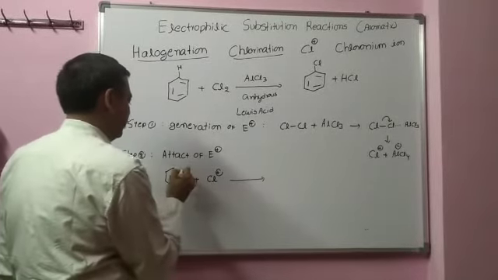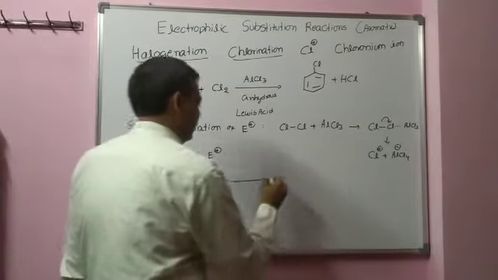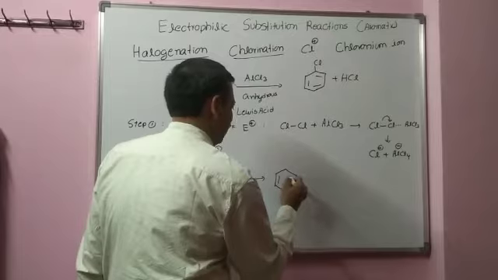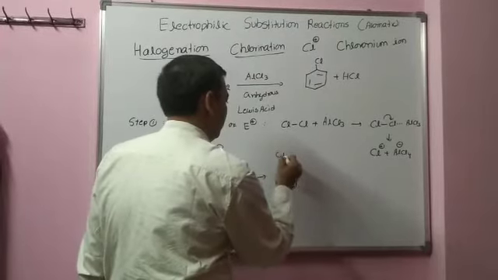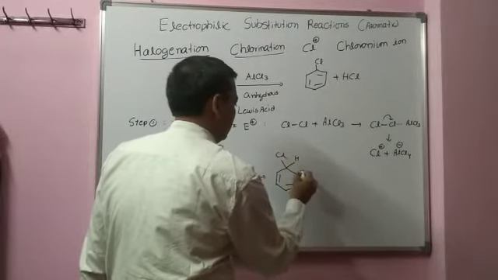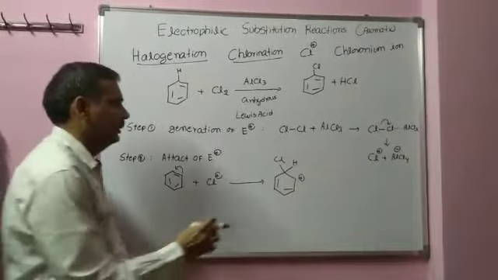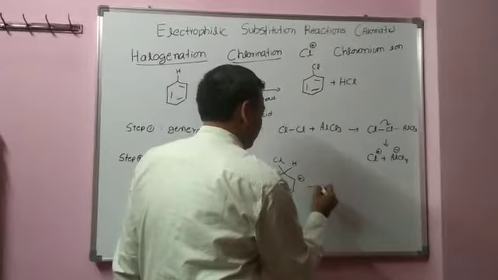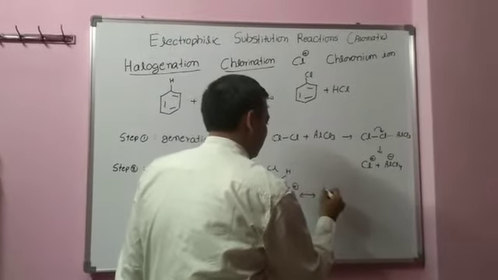The bond polarizes like this, giving chlorine, hydrogen, and a positive charge. So what is this complex? It's a sigma complex. It is a stable compound. It has 3 resonating structures.